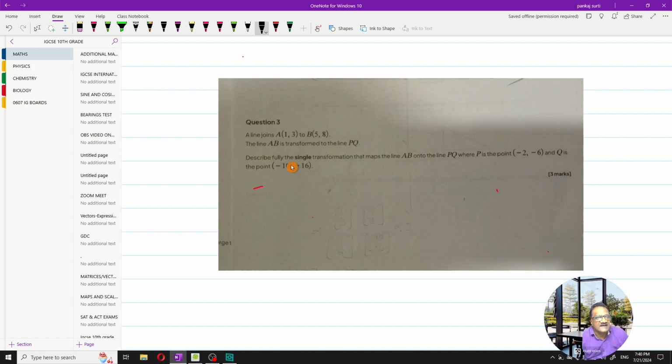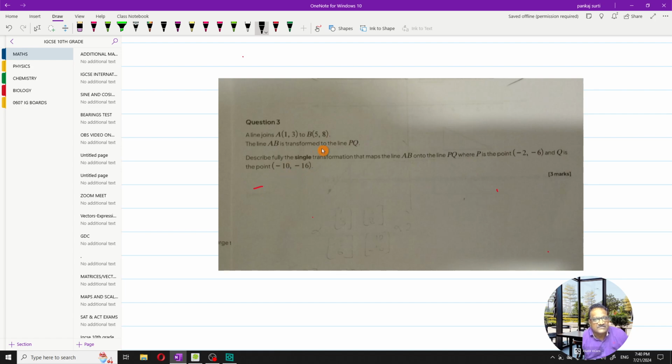Describe fully a single transformation that maps the line AB onto the line PQ. So line AB is converted into line PQ, or it is mapped onto line PQ, where P is (-2, -6) and Q is (-10, -16).